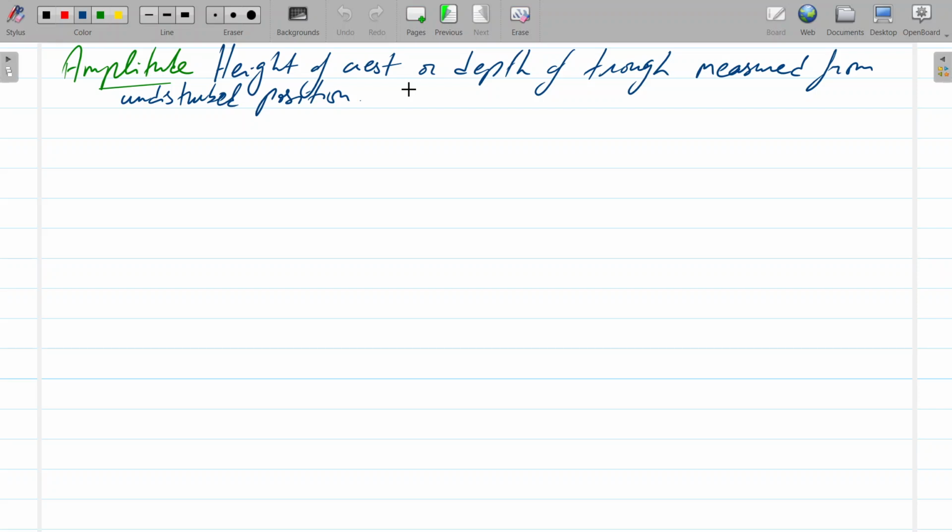The magnitude, meaning how much. So if the crest, for example, is, let's say, 5 millimeters, then the trough will also be 5 millimeters.